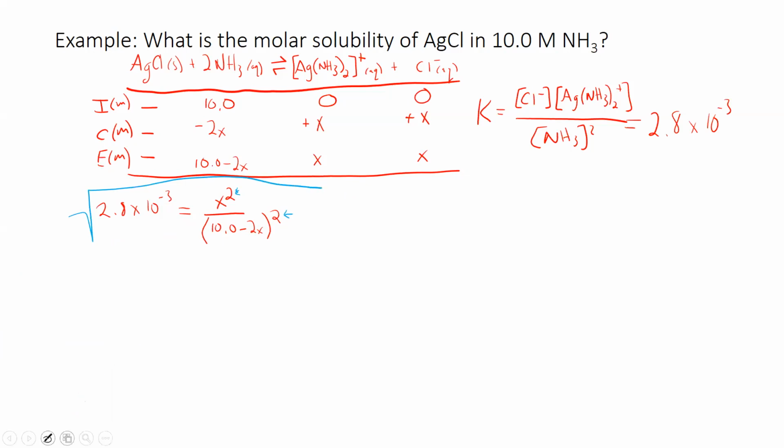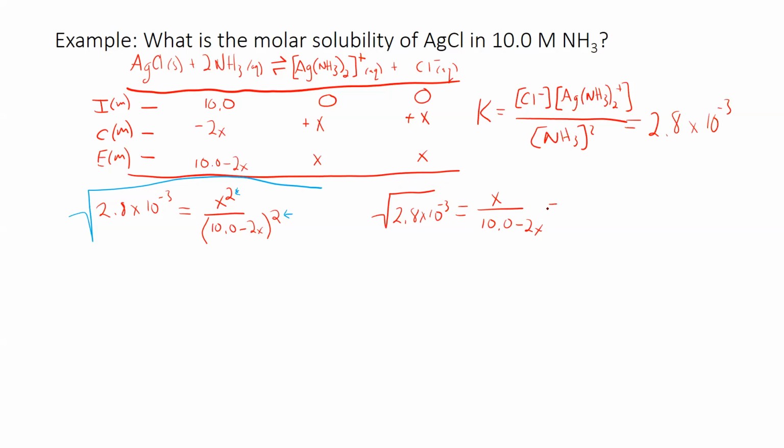And so what that leaves us with now is the square root of 2.8 times 10 to the minus 3 is equal to X over 10.0 minus 2X.